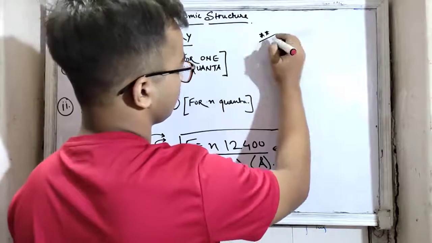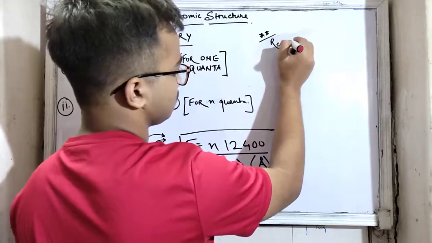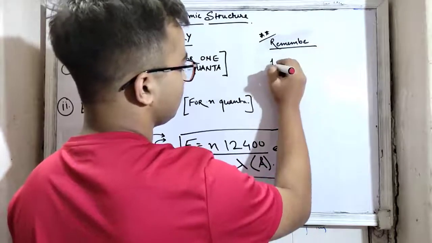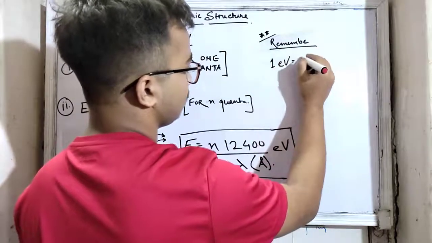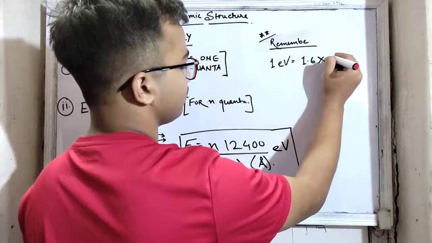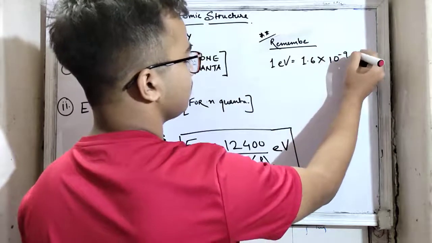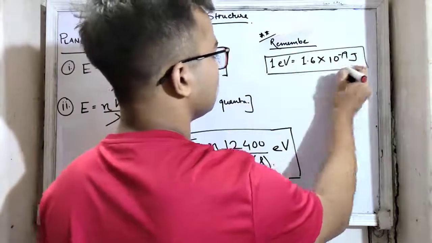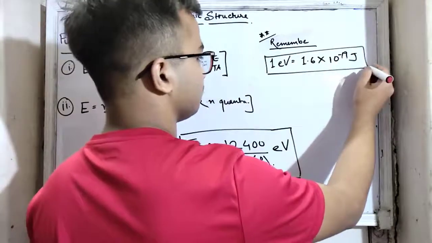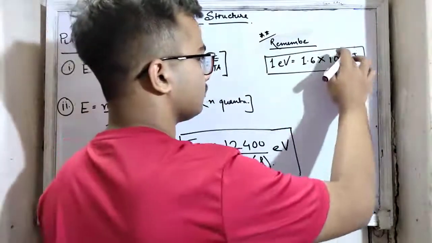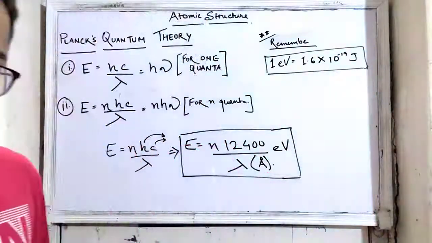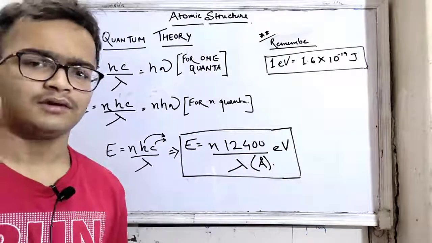Remember, 1 electron volt equal to 1.6 into 10 to the power minus 19 joules. This is a relation which you can use while solving the numericals. So copy up to this much. After this we will do some numericals.